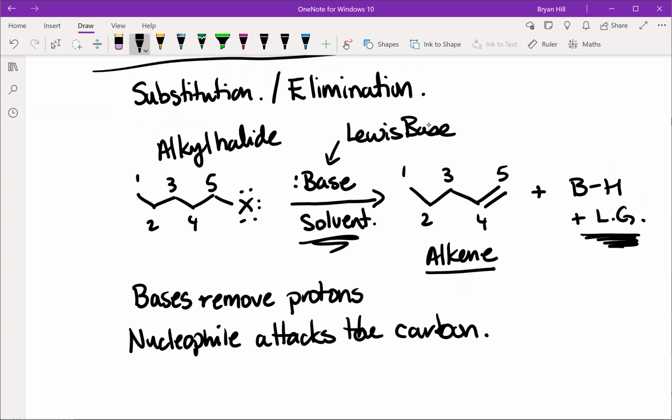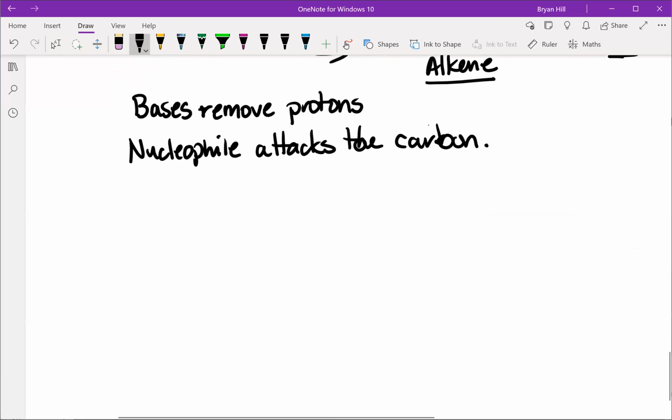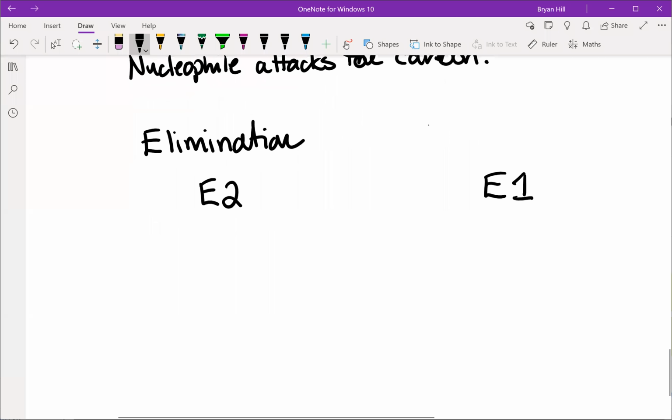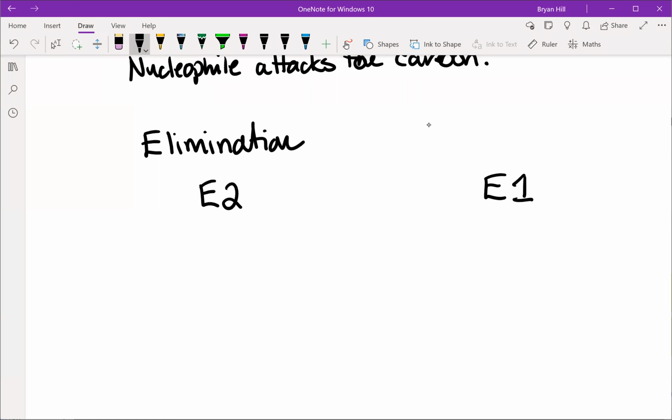There's basically two types of elimination reactions. I got like 1 minute left. One is called an E2, and one is called an E1. It's very similar to SN2 and SN1. E1 eliminations involve carbocations.